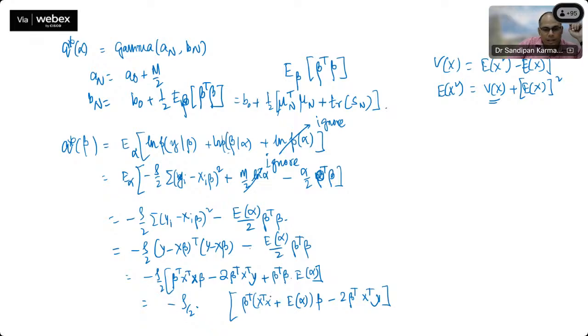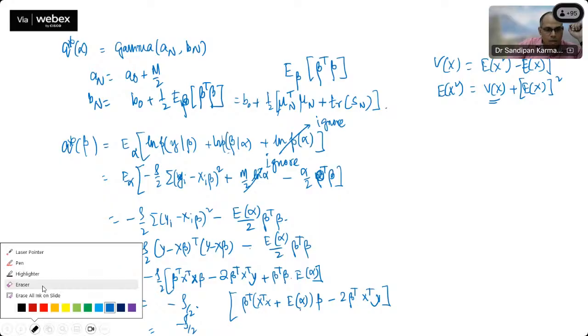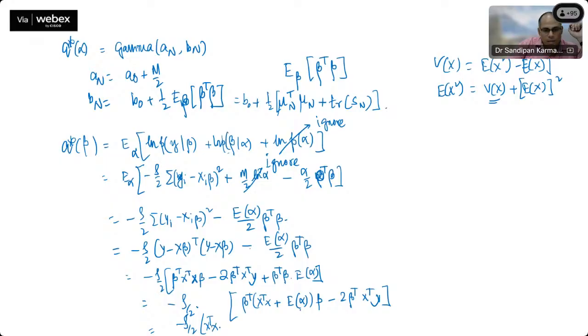Then X transpose X plus E of alpha I am taking out, so this is becoming beta transpose beta minus 2 beta transpose X transpose y multiplied by (X transpose X plus E of alpha) inverse. So in this way.